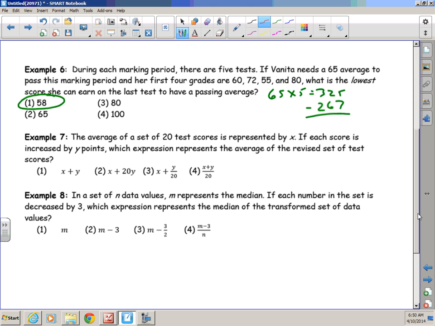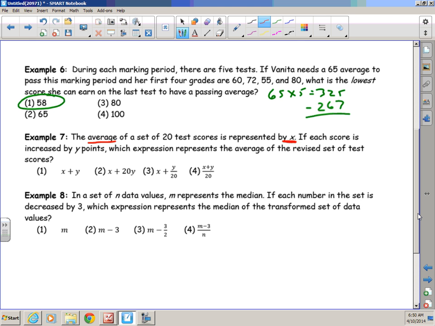All right, the average of a set of 20 test scores is represented by x. If each score is increased by y points, which expression represents the average of the revised set? Okay, so if you think about it, the average is x. In some of these, they like to ask the questions in a little bit more abstract manner, meaning not with numbers but with variables.